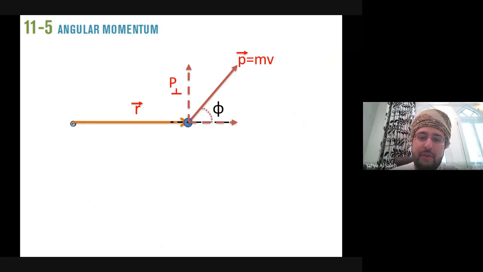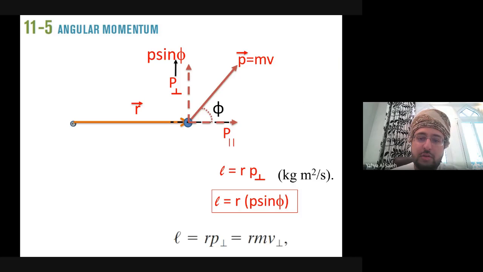We also have another component. If we take our P equals MV, we do the two components. We have P parallel and P perpendicular. Now, the only one of these that causes rotational motion is which one? Is P perpendicular, right?